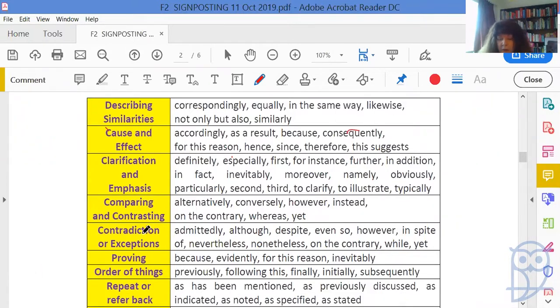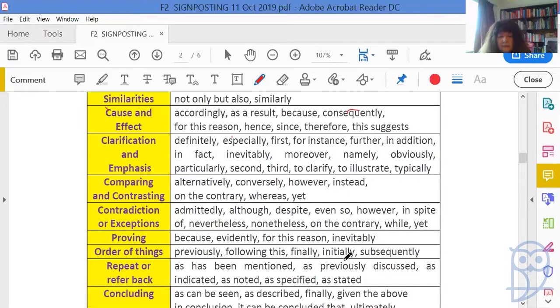Then comparing and contrasting. Okay, this is where you could maybe use them in your counter argument. Alternatively, conversely, however, whereas, instead. Okay, you'll see some words are also in different categories, but it's how you use them that's going to count.